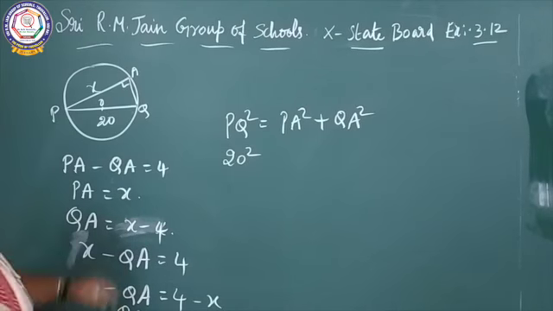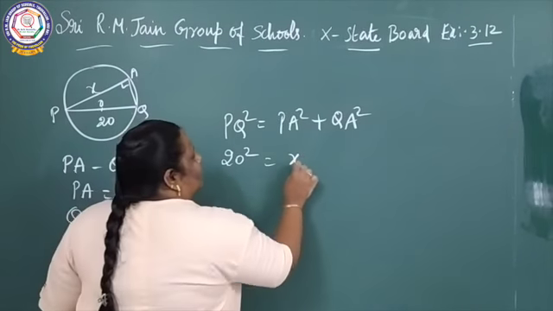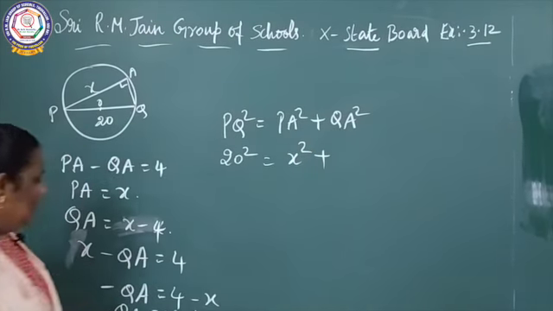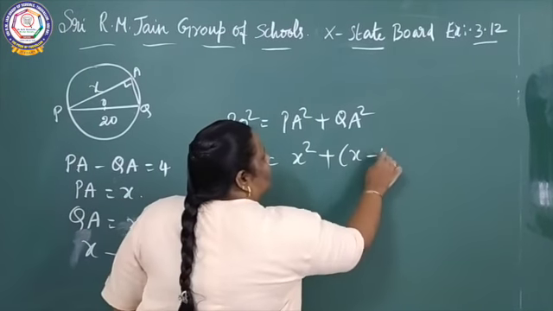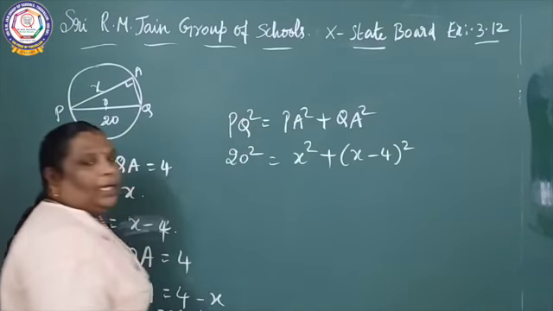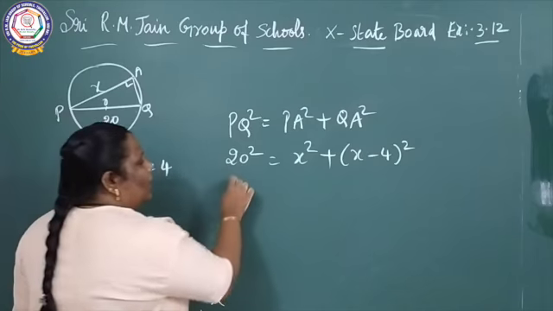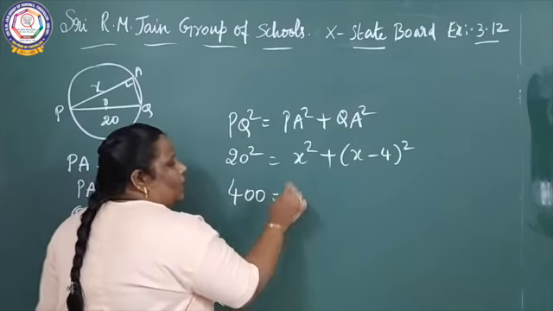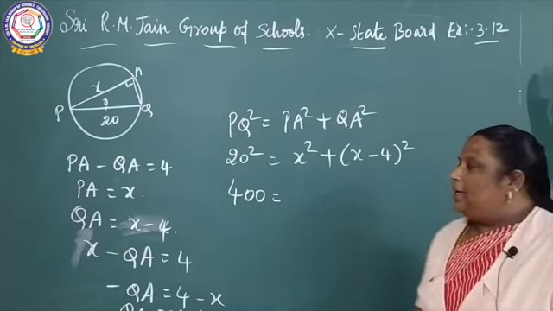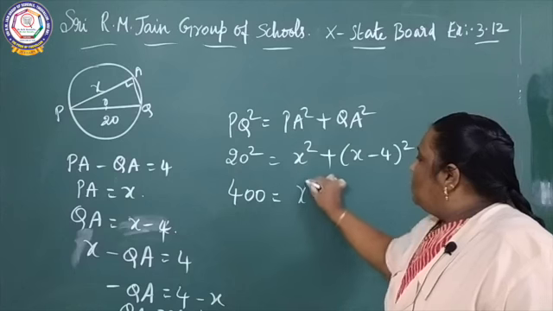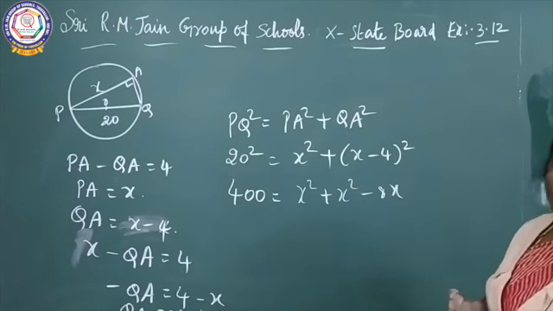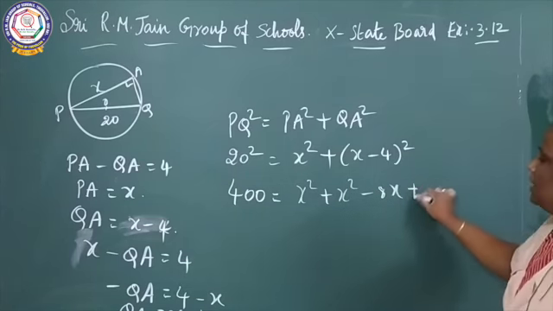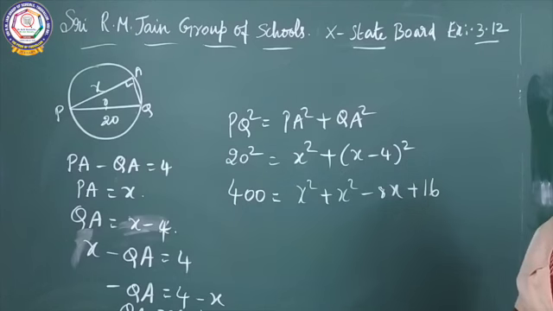PA is nothing but X, X square, plus QA is nothing but X minus 4, the whole square. See here, 400 equal to X square plus, using the formula (a minus b) whole square, X square minus 8X plus 16.